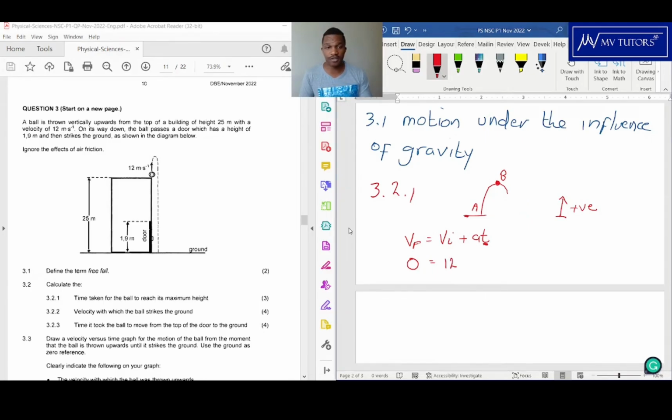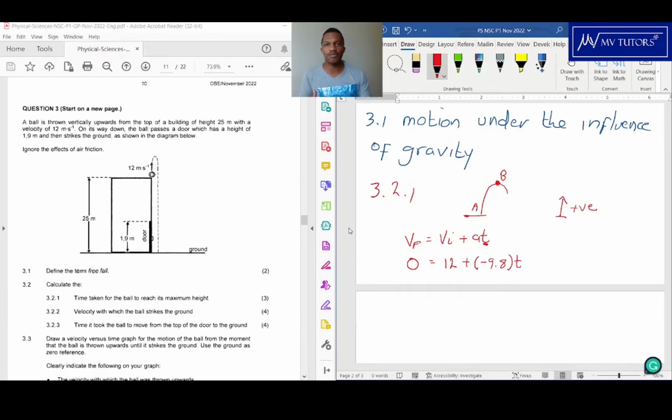If you said positive, you are right because we chose upwards as positive. Plus acceleration, that's gravity. Is my gravity positive or negative? Remember, gravity is always going down. So if you said negative, you are correct. It's negative 9.8. Let's use 9.8 for now. And then T is what we're looking for.